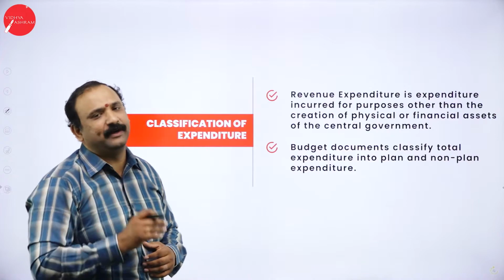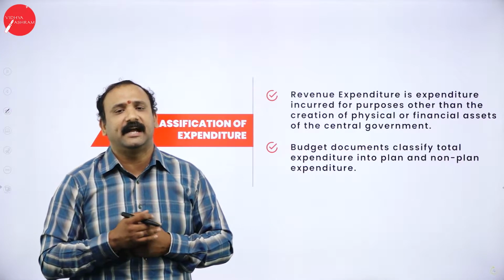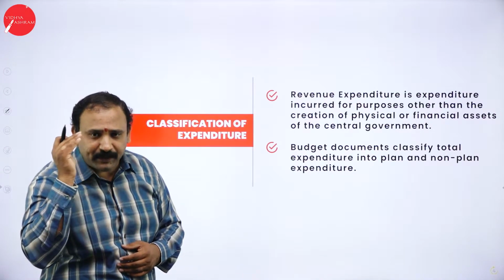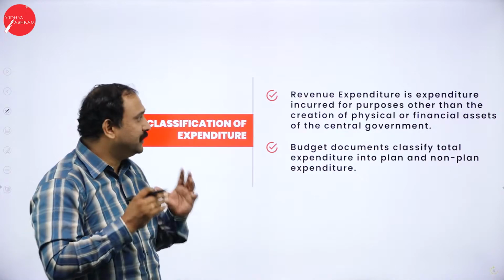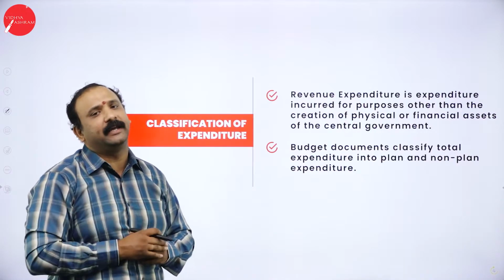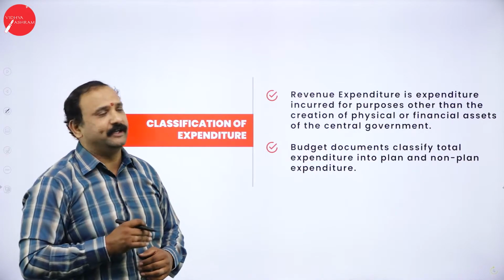Now moving forward, classification of expenditure. Now expenditure cannot be just written in one word and said that yes, this is the expenditure that you can see. Classification of expenditure is highly mandatory because we need to understand what kind of expenses a government is making altogether. The first one is the revenue expenditure.